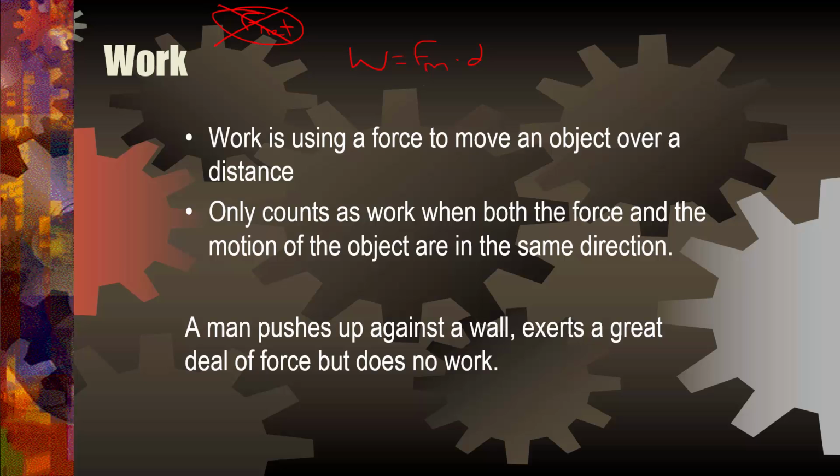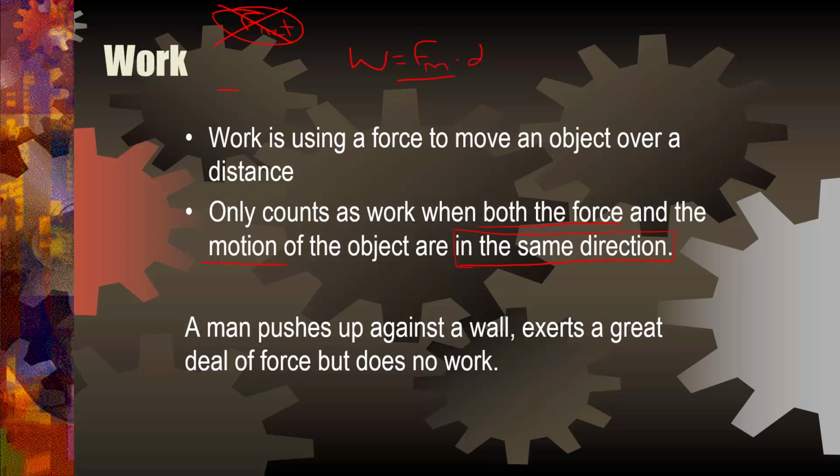We don't want F net, we want just the motion or moving force, okay? It is only considered work when you have both force and motion in the same direction, okay?